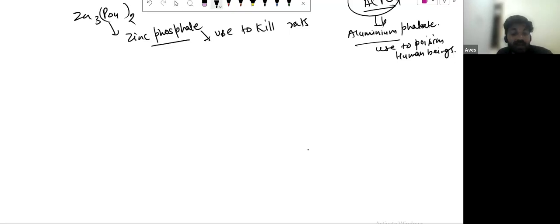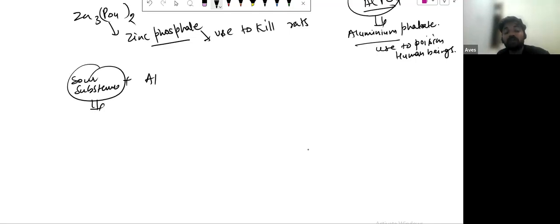Okay, so if I keep a sour substance in aluminium utensils, what does a sour substance have? They have acids. So when they react with aluminium utensils, what would happen?